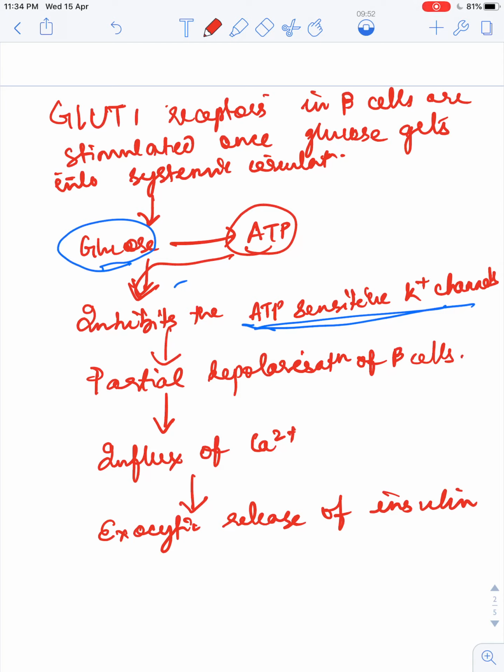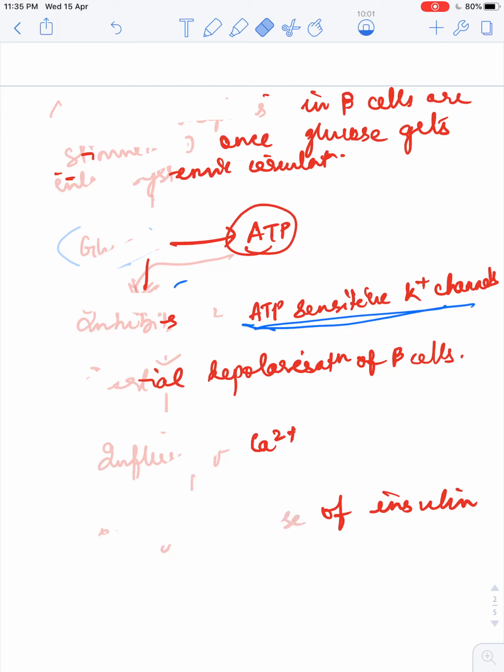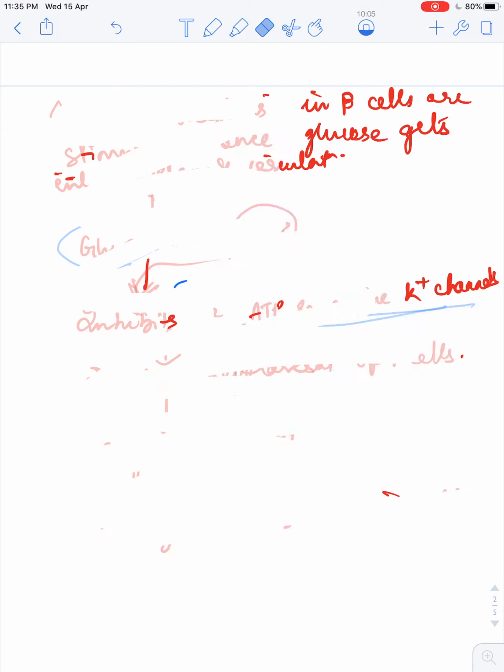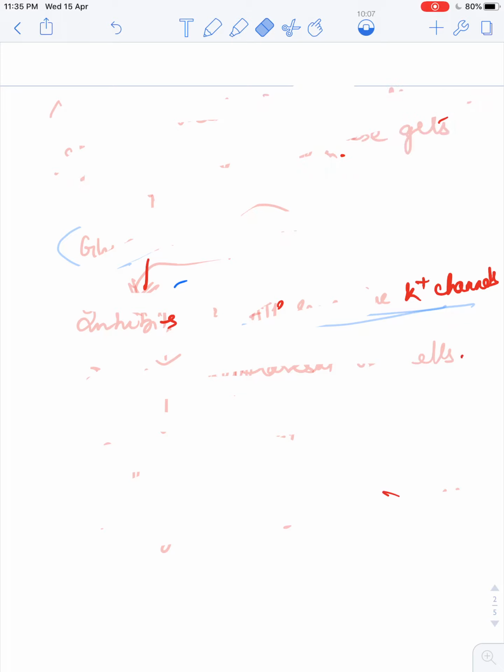In normal glucose homeostasis, very little or no glucose is excreted in the urine, and this is due to the action of SGLT, sodium glucose cotransporter.